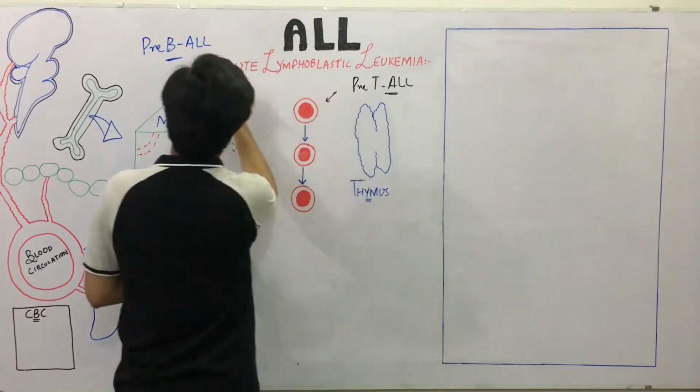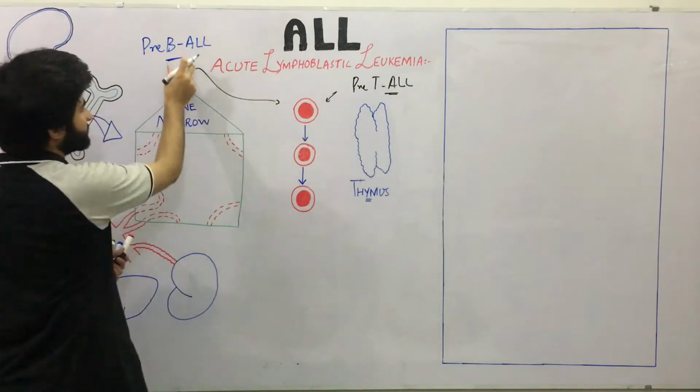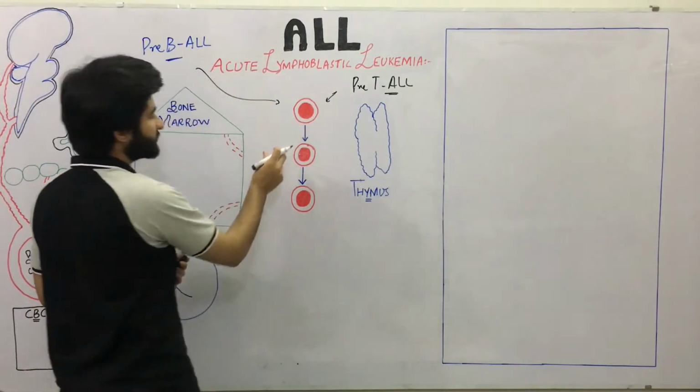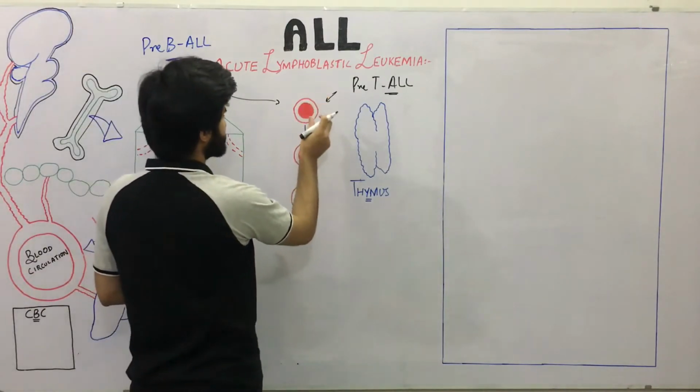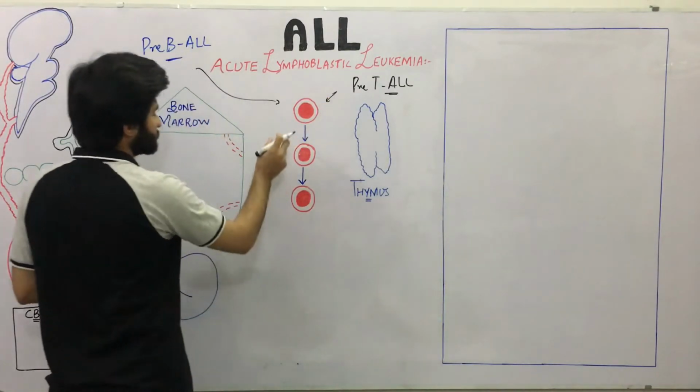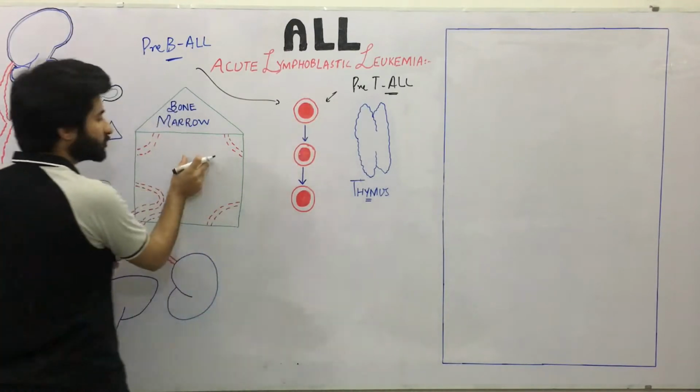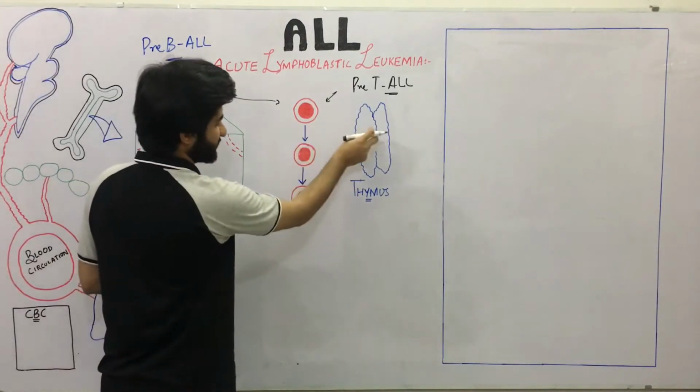So in pre-B-ALL the cell involved is a precursor B cell, whereas in pre-T-ALL the cell involved is the precursor T cell. The precursor B cell develops in the bone marrow, whereas the precursor T cell develops in the thymus.